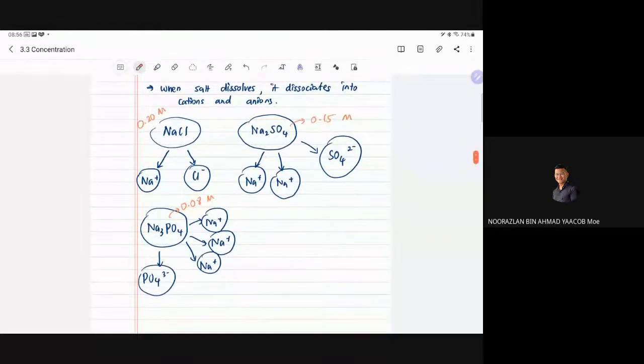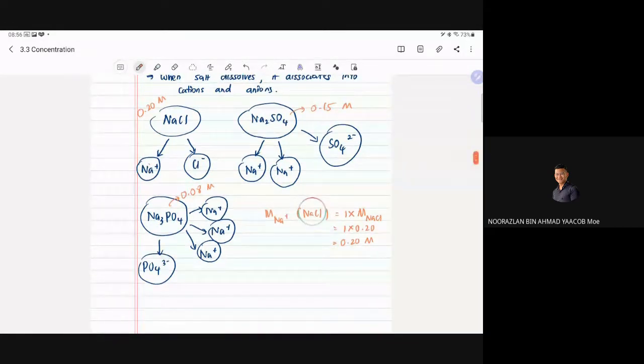Jadi nak kira molarity of Na plus untuk NaCl sama dengan 1 kali molarity of NaCl. Sebab ada satu sahaja Na untuk NaCl. Jadi ini bersamaan dengan 1 darab 0.20. 0.20 molar. Ini untuk NaCl.